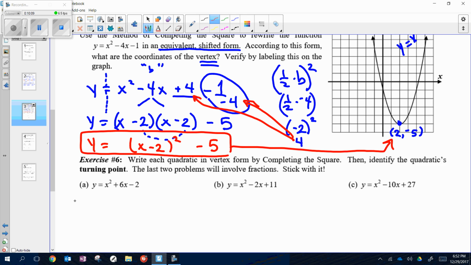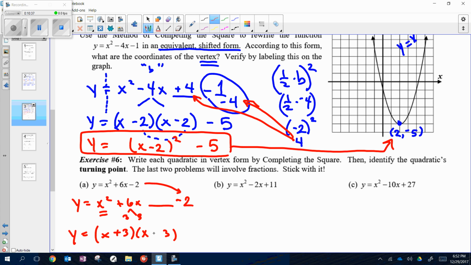Let's do that again. y equals x squared plus 6x blank minus 2. Move that away a little bit. Take half of 6, 3 and 3. Take half of b is 3 and 3. So it's going to look like x and x to make your x squared right there. 3 and 3.